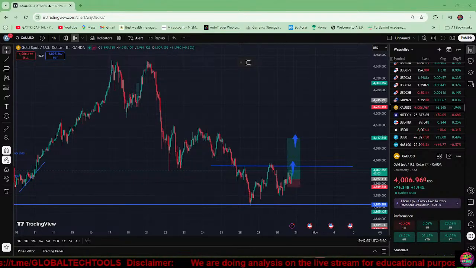This candlestick clearly ate this candlestick right here. This is also a beautiful engulfing candlestick. As you can see, this blue candle has completely eaten the red candle.